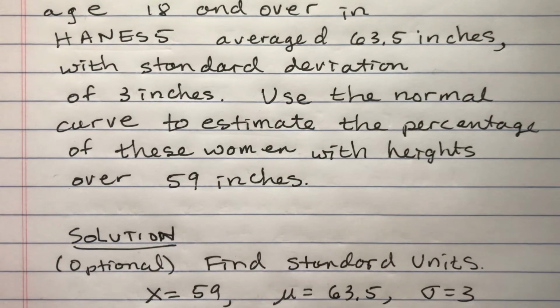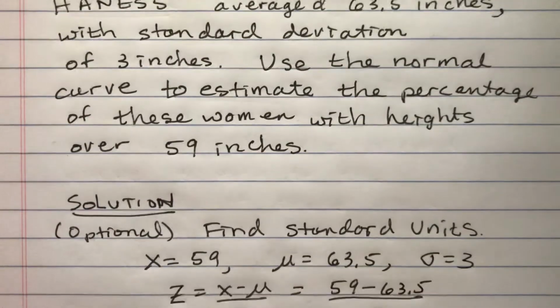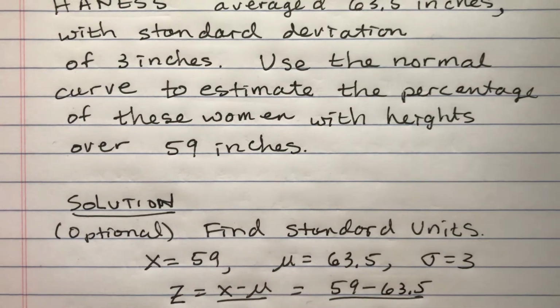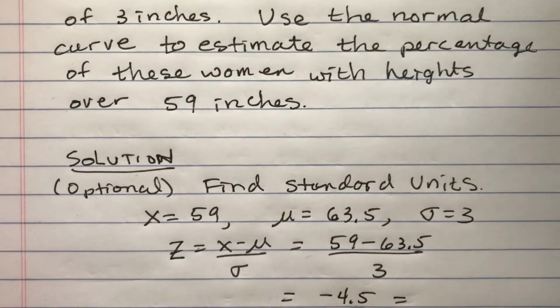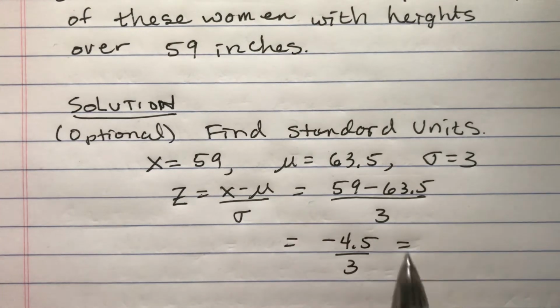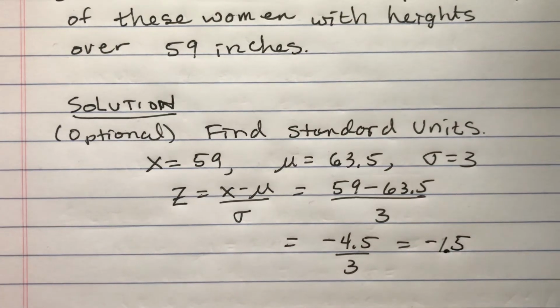So that makes 59 minus 63.5 over 3, which gives negative 4.5 divided by 3. The reason I could do that in my head is 3 times 15 is 45. So there's a 15 there, and I have to get the decimal right.